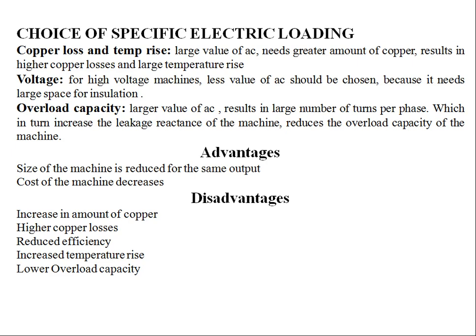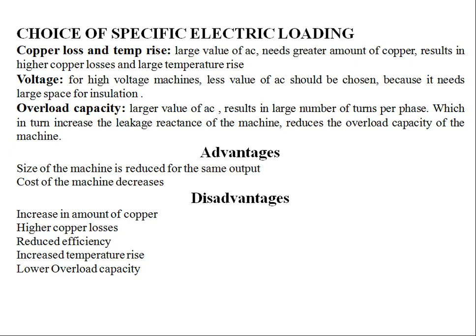So this means an increase in leakage reactance of the machine. And because of this the overload factor is reduced. So having a high value for specific electric loading will reduce the overload capacity of the machine.